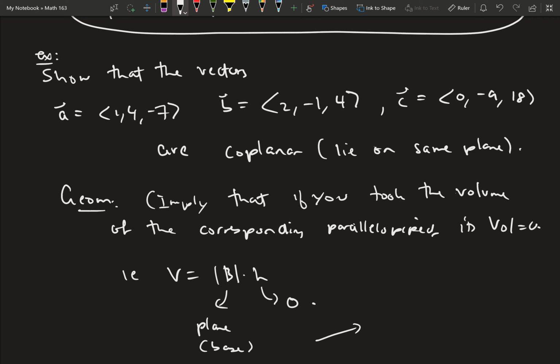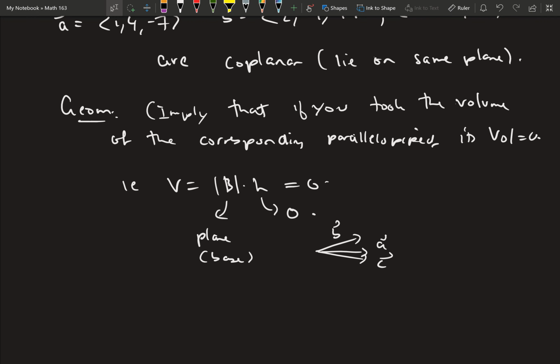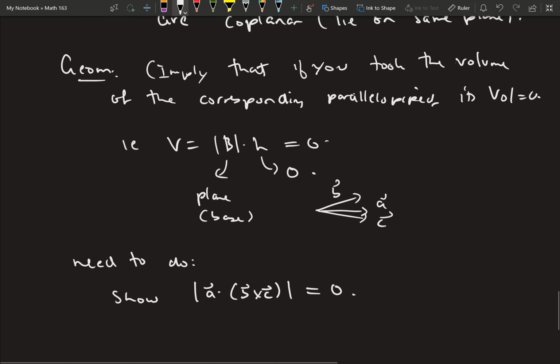Think of it like here's B, here's C. Well, if A was also on the same plane, then there would be no height, and then the volume would be 0. So essentially what we need to do is show that A dot B cross C is equal to 0.